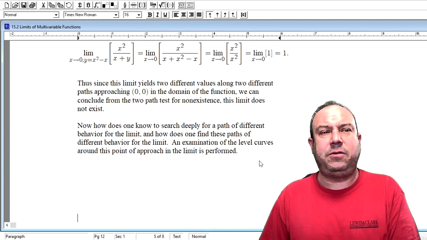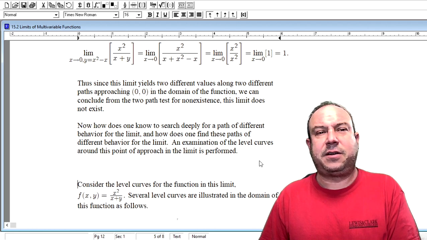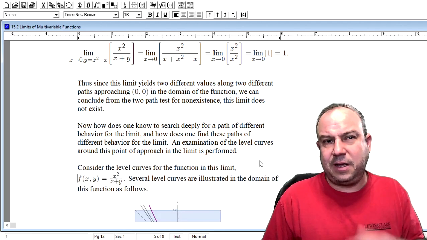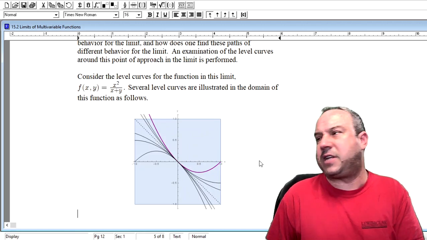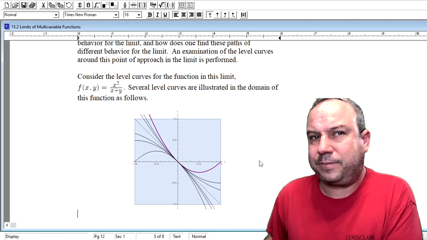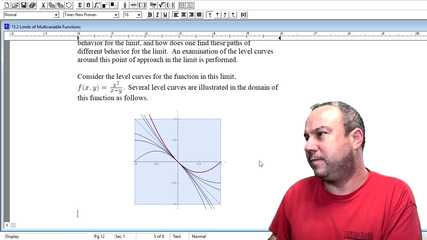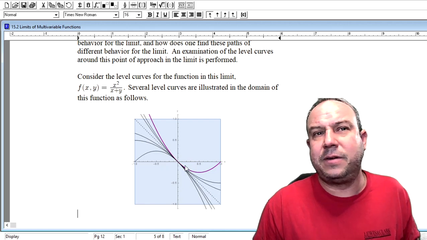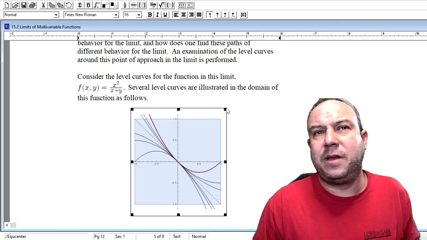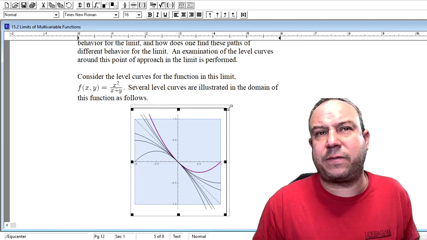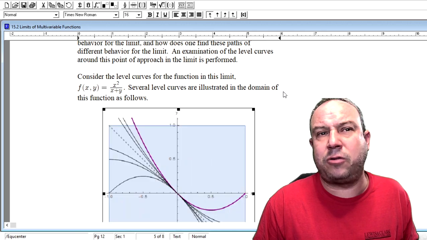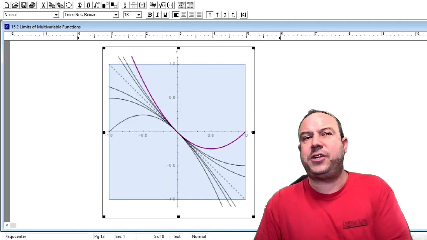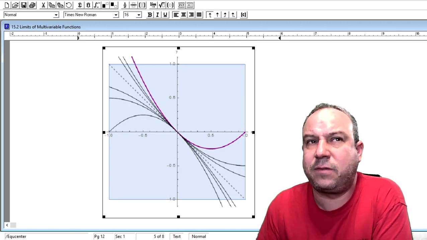If we consider the level curves for the function in this limit, I illustrate several level curves down below here. If I make several level curves, all for a portion of this surface that focuses in on the approach at 0, 0, this is the illustration I get for all of those level curves.